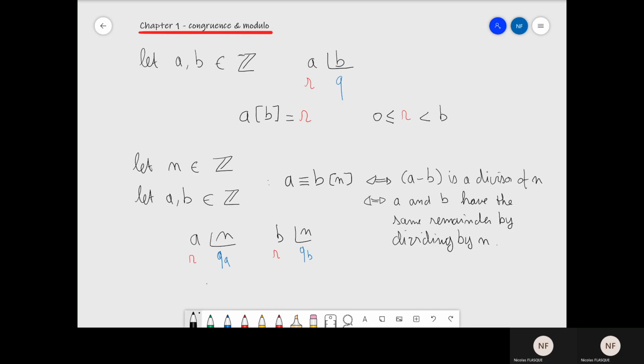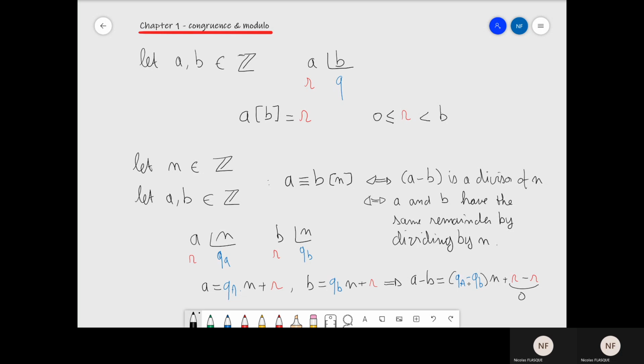So what we know is that A is QA times n plus R, and B is QB times n plus R. So here, from those two equations, we have A minus B is (QA minus QB) times n plus R minus R. So actually, this is equal to 0.